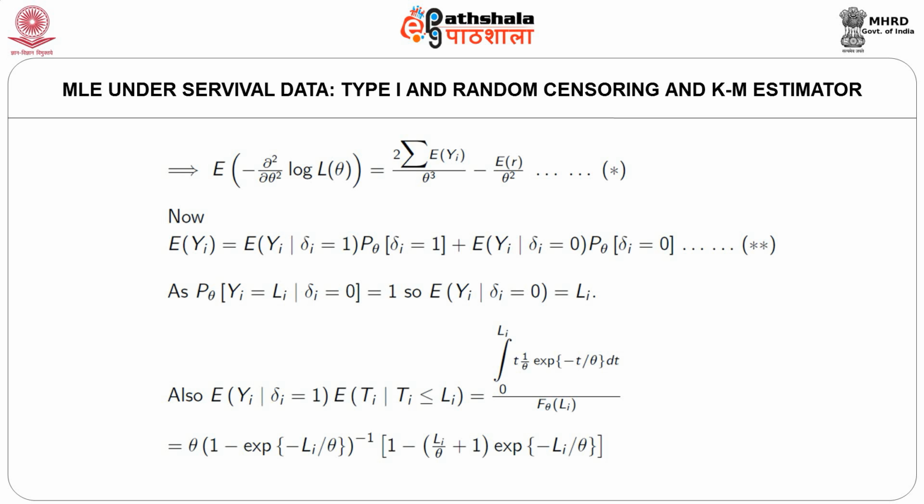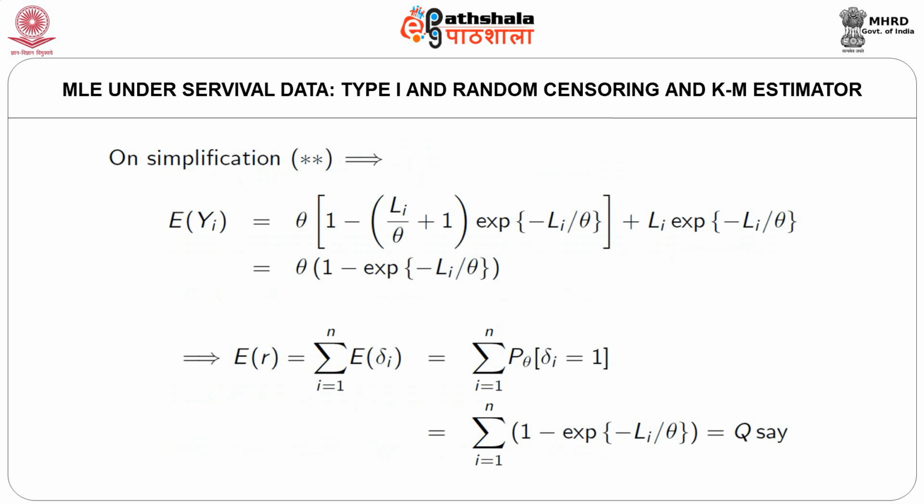Anyway, this is equal to the integral from 0 to Li of t into 1 by theta e to the power minus t by theta dt, divided by the distribution function capital F theta at Li. On simplification, this is equal to theta by 1 minus e to the power minus Li by theta times 1 minus Li by theta plus 1 times e to the power minus Li by theta.